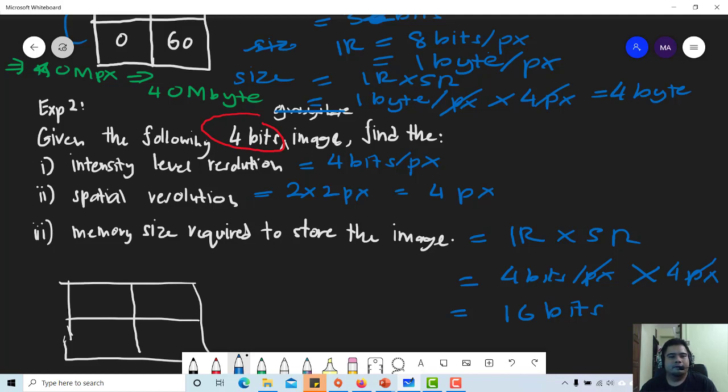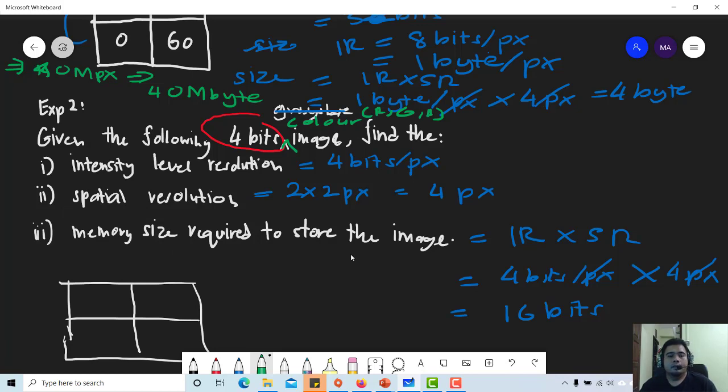I just say given the following 4-bit, let me put another color here, color image. Given the following 4-bit color RGB image, find 1, the intensity level resolution, 2, spatial resolution, and 3, memory size to store the image.